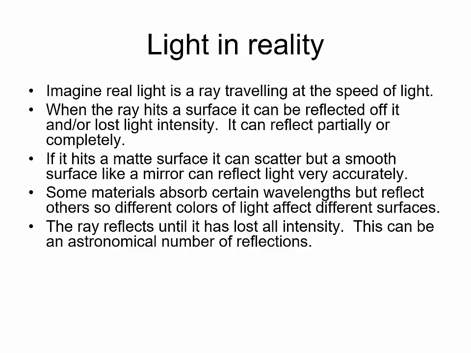And then we have materials that absorb certain wavelengths, meaning that different colors affect them differently. So different colors affect different materials differently, and they reflect different lights. And in reality, this ray will reflect until it's completely lost all its intensity. And if you imagine just a light turned on in a room, it'll be reflecting off the walls constantly in every direction, kind of filling the room with light.